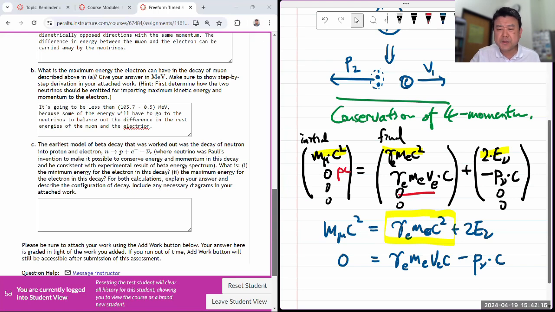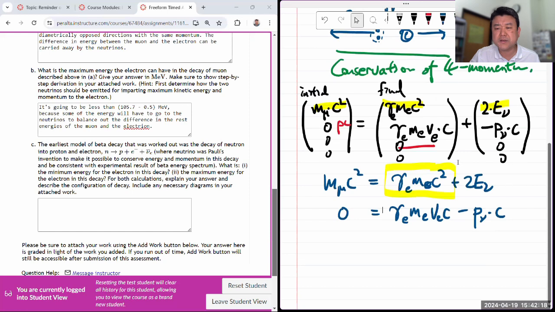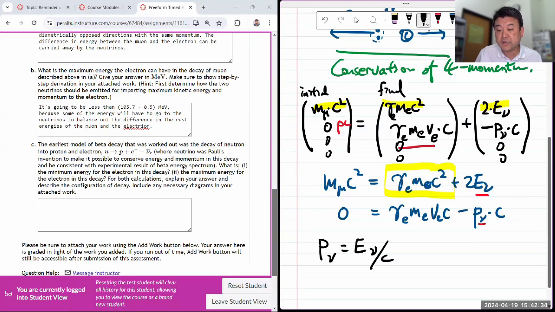Let me simplify some of these things, because it appears as though I have two unknowns with the neutrino, but that's actually not the case. Because the momentum of a massless particle is its energy divided by c, I can use that there. So this should be energy divided by c.